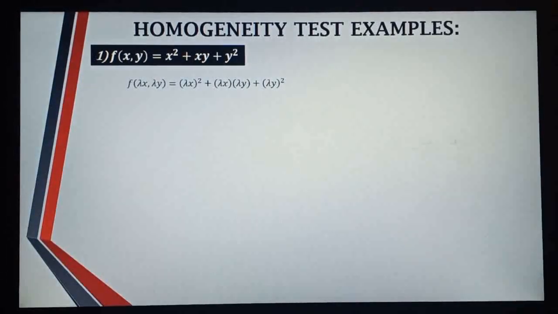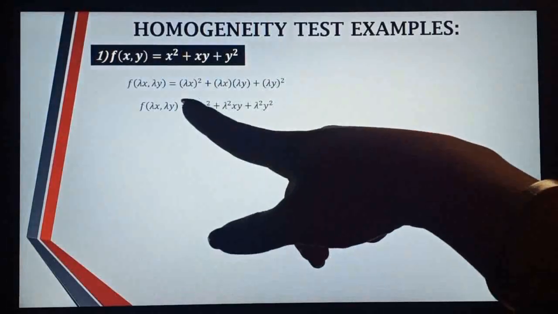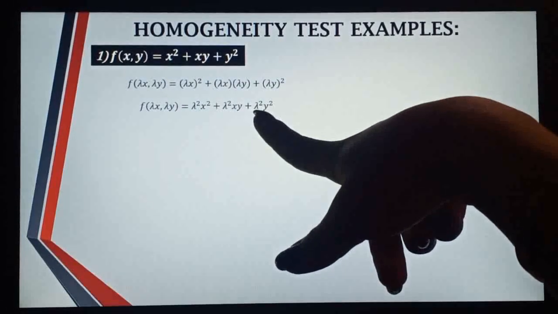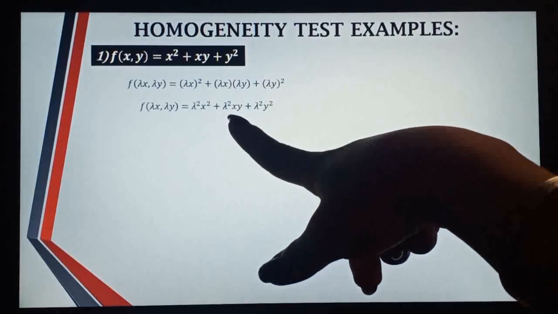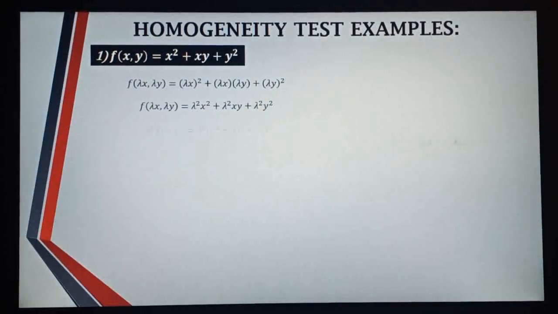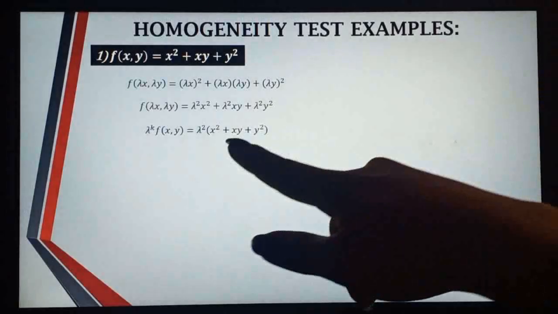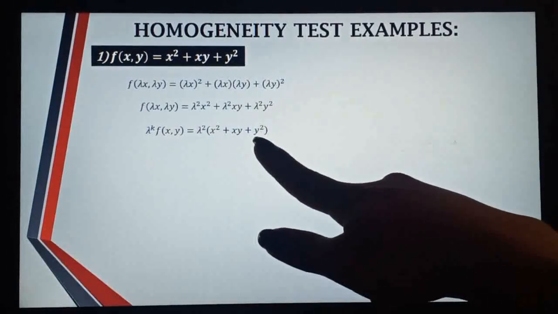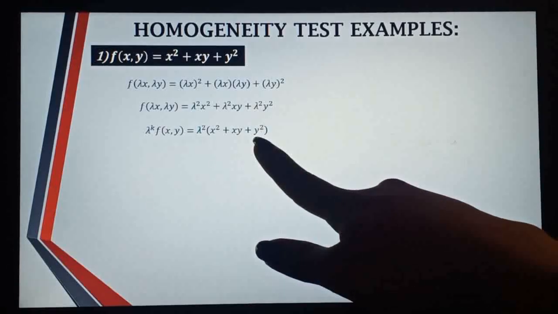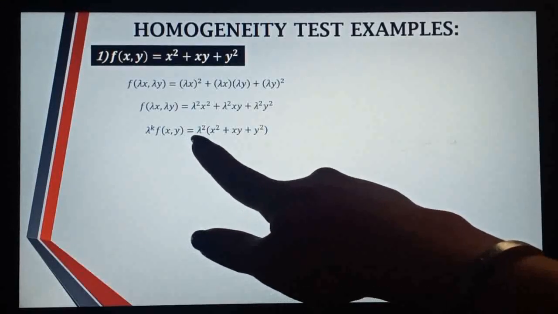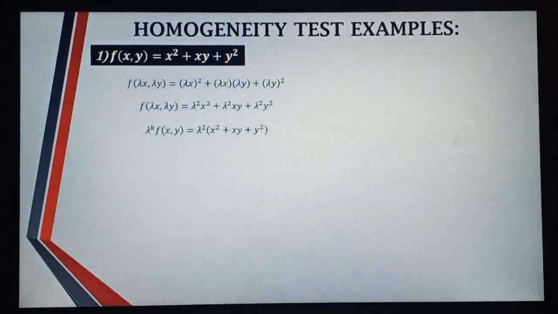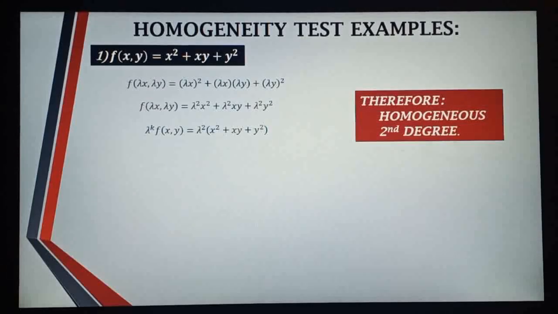If you notice, all terms have lambda squared. You will have lambda squared x squared plus lambda squared xy plus lambda squared y squared. Then factoring out your lambda, you will identify the whole original equation, which is x squared plus xy plus y squared. So that is your original equation, wherein k is equal to 2. Therefore, that is homogeneous in second degree.